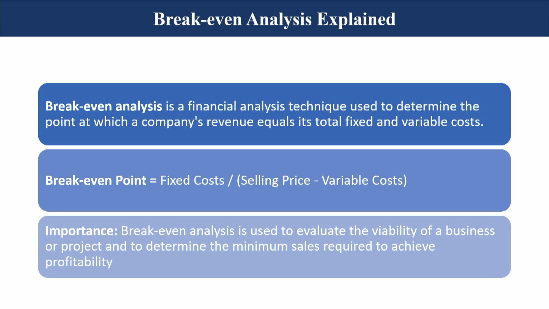So, 10 rupees minus 5 rupees means from 1 user we are deriving a profit of 5 rupees, but we have already incurred a fixed cost of 50,000. So, 50,000 divided by 5 rupees. We must have at least 10,000 users on our platform in order to arrive at a situation of no profit and no loss. This kind of analysis is called break even analysis.